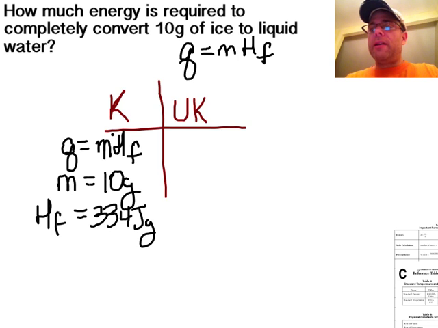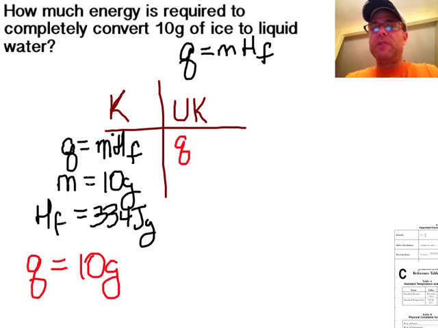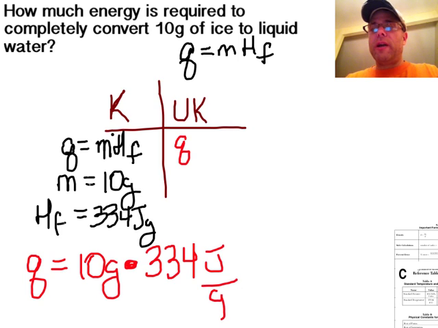So now I can solve for the unknown, because the unknown we are solving for is Q. So Q is equal to the mass, which is 10 grams, times 334 joules per gram. Now I want to focus on the unit for a moment: I've got grams in the numerator and grams in the denominator.